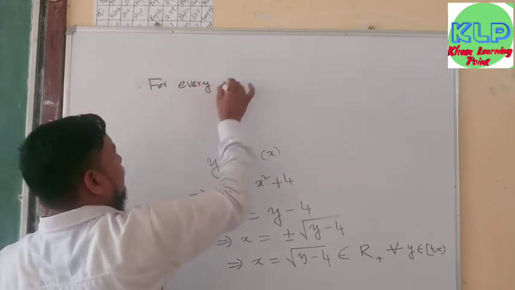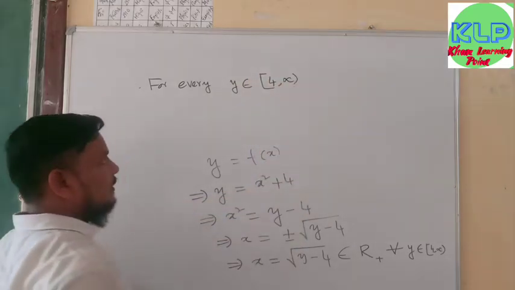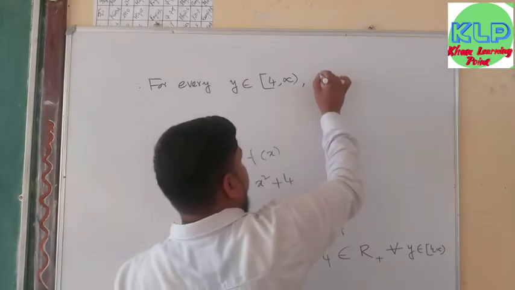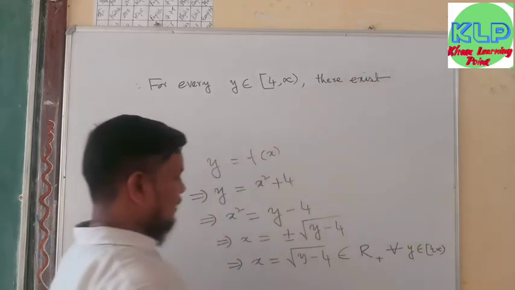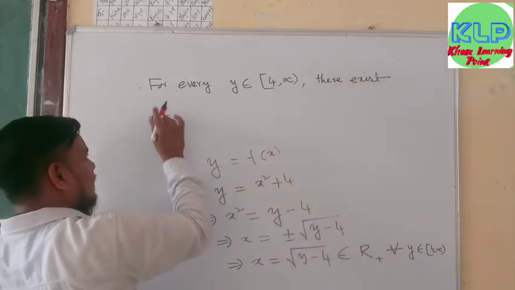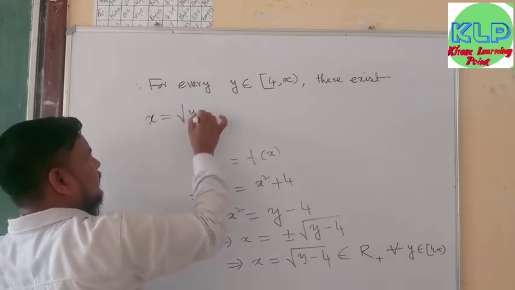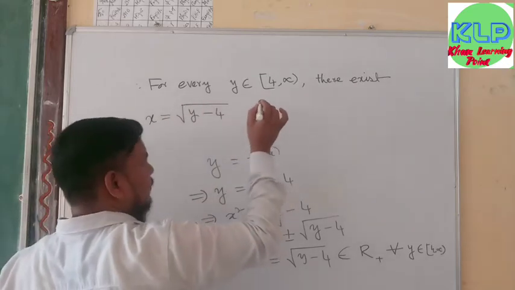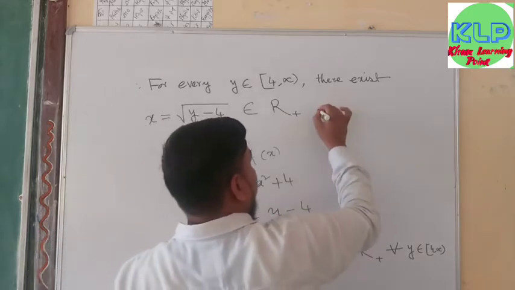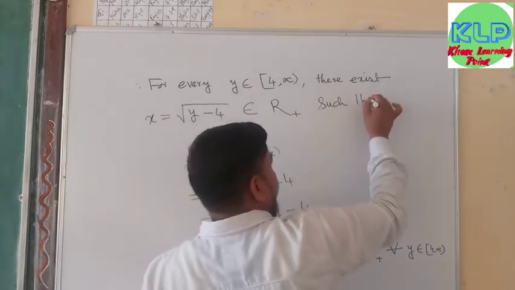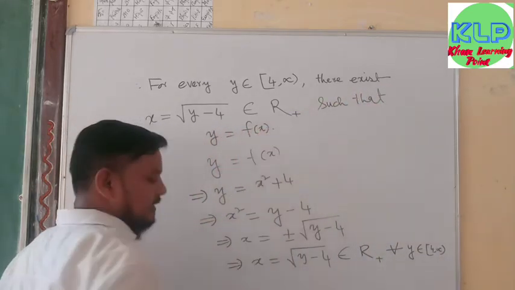देयरफॉर for every y belongs to 4 to infinity, there exist x is equal to root over y minus 4, which is a non-negative real number, such that y is equal to f of x.